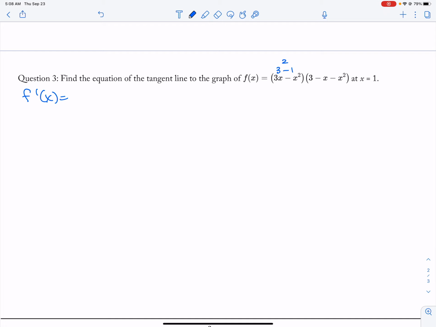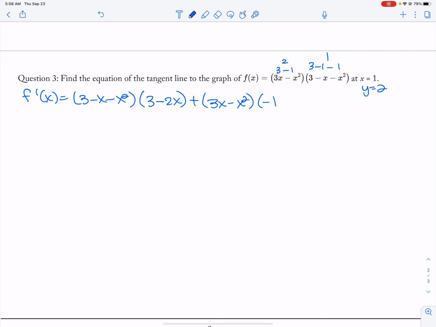When x is equal to 1 here, I have 3 minus 1, so this is 1. And then y is equal to 2. Okay, so the derivative: 3 minus x squared times the derivative of the first, so 3 minus 2x, plus 3x minus x squared times negative 1 minus 2x.